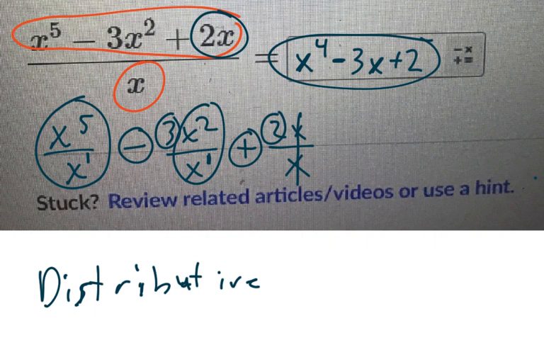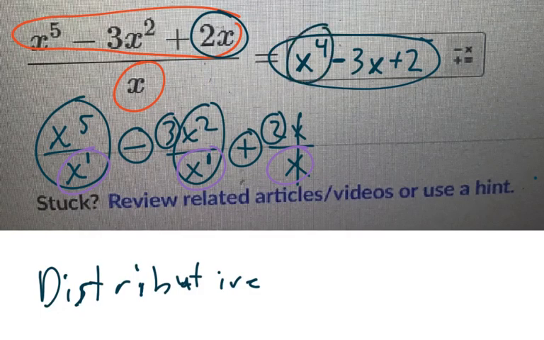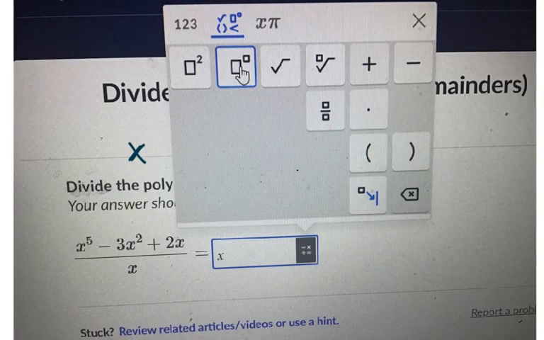So the key thing is, notice all we did was carefully divide by x. Divide each term by an x. Okay? So remember again, you would type in x. Let's say I was trying to input this right here. I would type in x, and then I would click on this button.